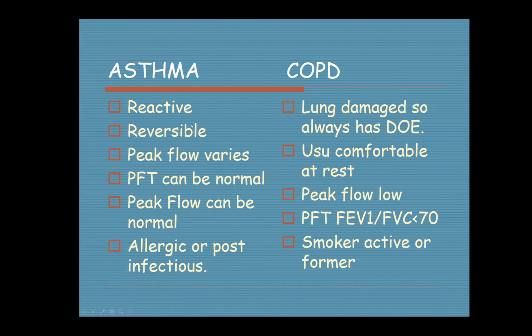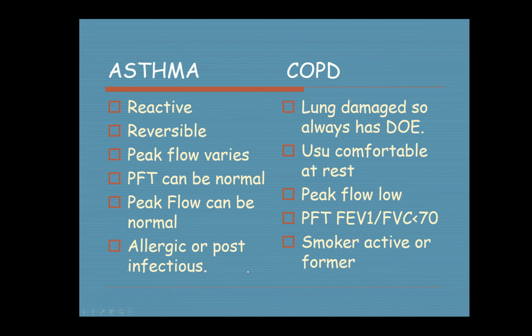Not so much the reactive reversible. This is going to be short of breath every time they climb the stairs. They're usually comfortable at rest. They're sitting in front of you looking just fine. But if you do their peak flow or you do their PFT and you look at their FEV1 over FVC, it's going to be less than 70% of predicted. Their peak flow is going to be low, and usually they're an active or a former smoker.